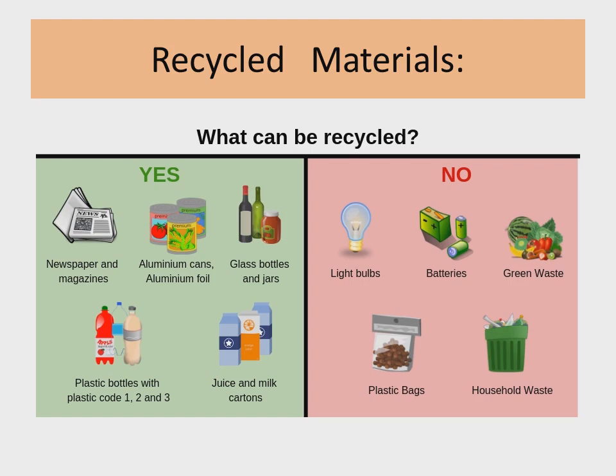And on the right hand you can see there is a light bulb, batteries, green waste, meaning vegetable and fruit waste, and plastic bags, household waste. These things cannot be recycled. Something can be recycled and something cannot be recycled. You can see on your screen.